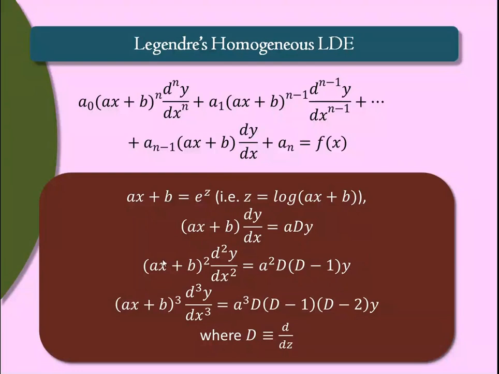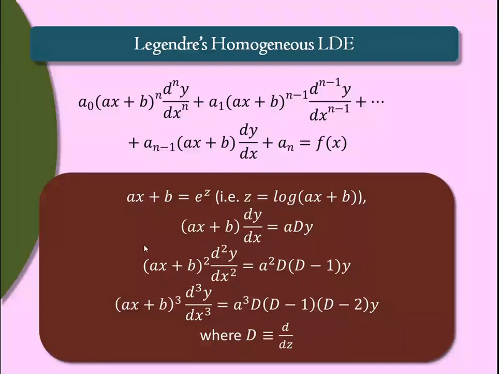Second order derivatives together with (ax+b)^2 become a^2 D(D-1)y. For a cube term, it becomes a^3 D(D-1)(D-2)y. We continue like that depending on which term is present in the equation. For the nth term, it will be a^n, and then n terms D(D-1)(D-2) up to (D-n+1)y.